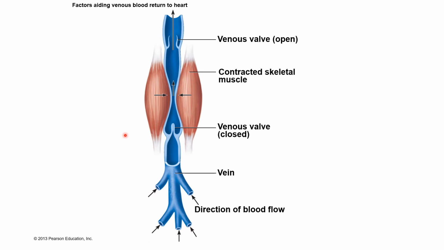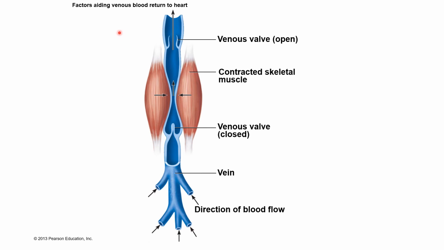The veins in your abdomen or in your thoracic region are not going to have those valves. And definitely, by the way, arteries are not going to have those valves either, because the blood pressure in your arteries is much higher compared to the blood pressure in your veins.